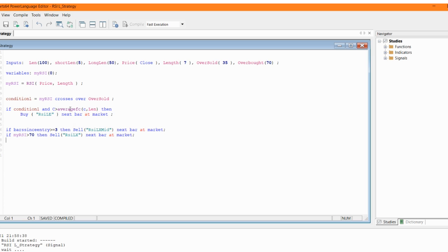The other main trend condition is that the closing price is above the 100-day moving average, with a length of 100. Then I enter at the next bar's market. If the position is 3 days since entry, I exit at market on the next bar, and when RSI hits the overbought criteria, I exit the position. So this is the script I have written for the strategy.